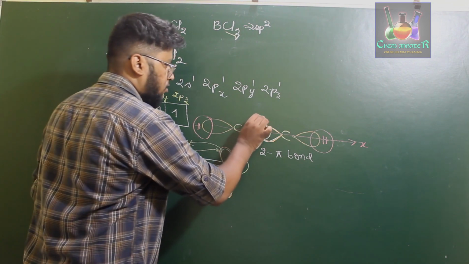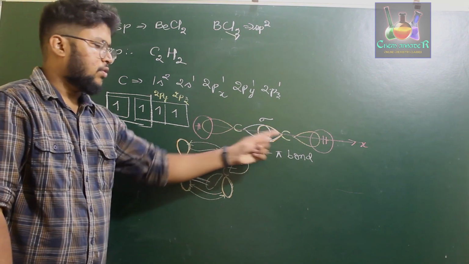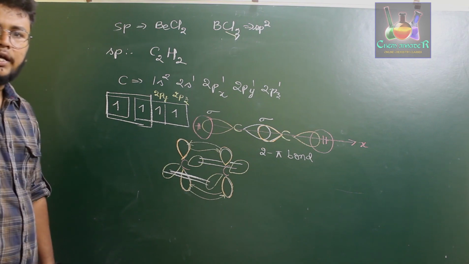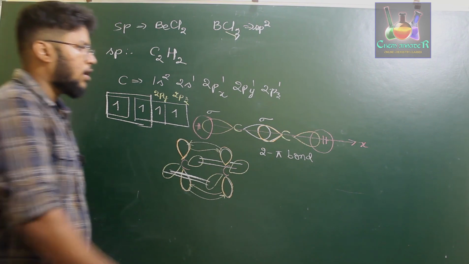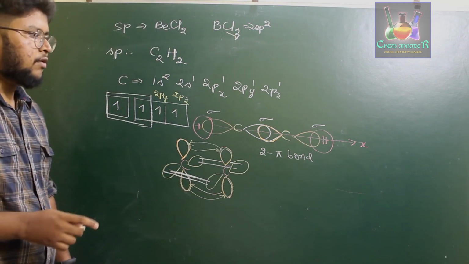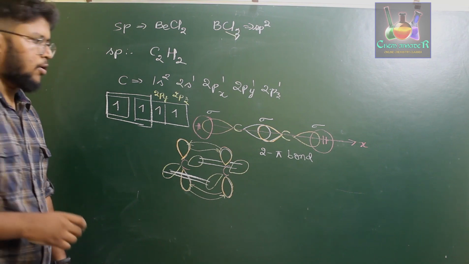1 sigma bond is because of the sp-sp overlapping between these two carbons. 1 sigma bond is because of the sp and s overlapping of one carbon and hydrogen, and the other sigma bond is because of the sp and s overlapping of the other carbon and hydrogen, and it will be having 2 pi bonds.